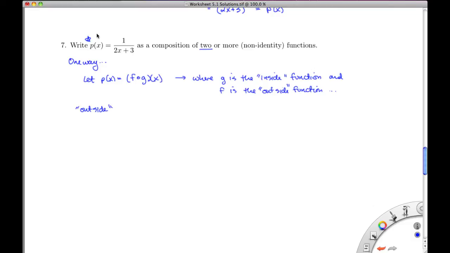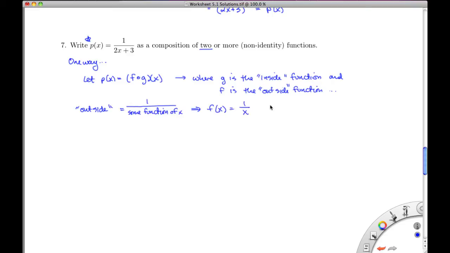So our outermost function is essentially 1 divided by some function of x. We will worry about this function of x in the next step. That'll be our inside function. So our outside function f is just 1 divided by whatever the input is, and we're going to generalize the input as x.